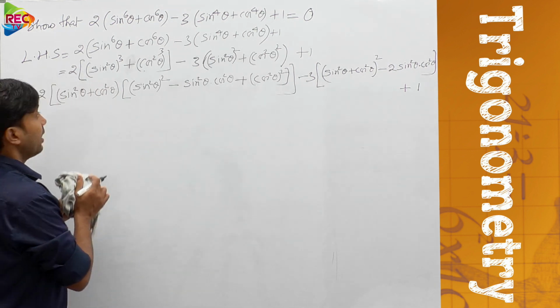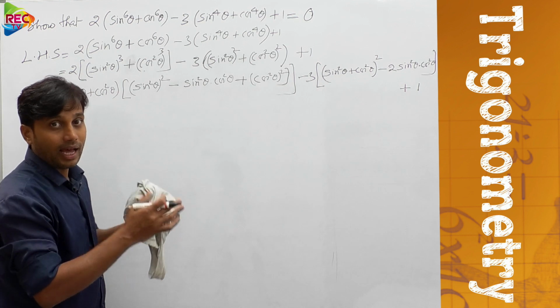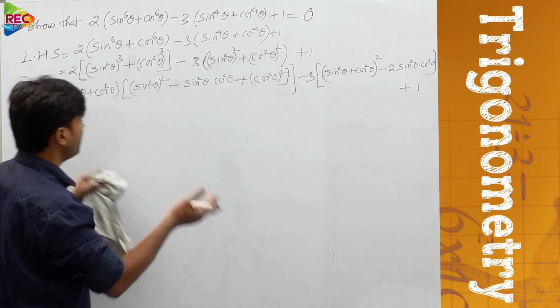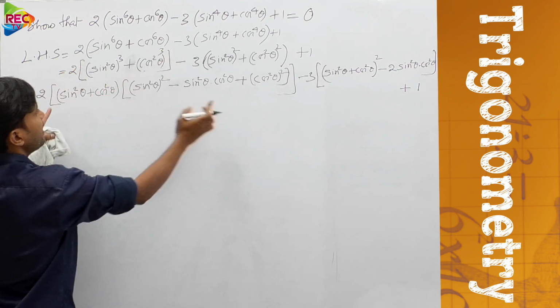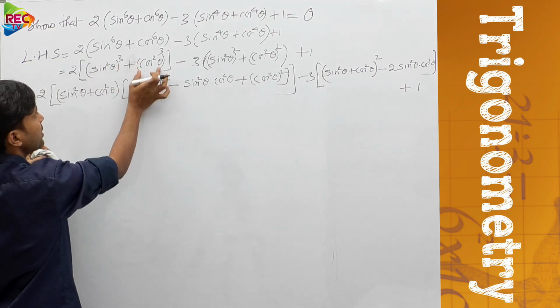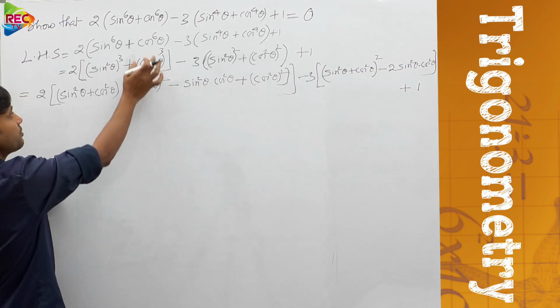I am once again explaining, since it is a lengthy problem, I will clarify each and every step once or twice. See here, this bracket we expanded like this. What is this one? Sin square theta whole cube plus cos square theta whole cube.